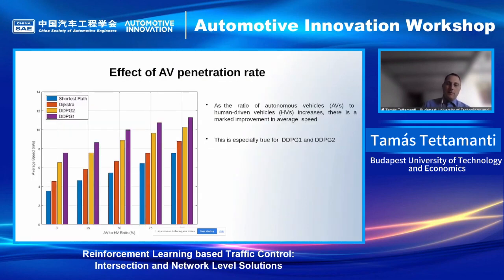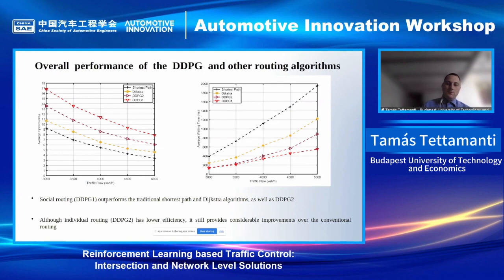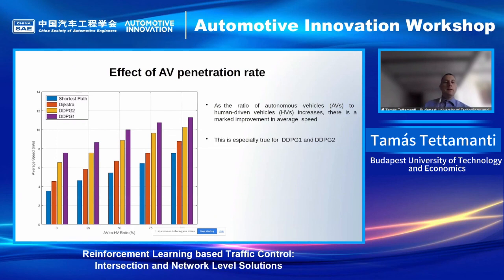And another interesting result, because these two simulations were run assuming 100% automated vehicles, so all vehicles follow the rules that we dictated. But here you can see some analysis concerning the AV penetration rate, so the ratio of autonomous vehicles compared to the human driver vehicles.